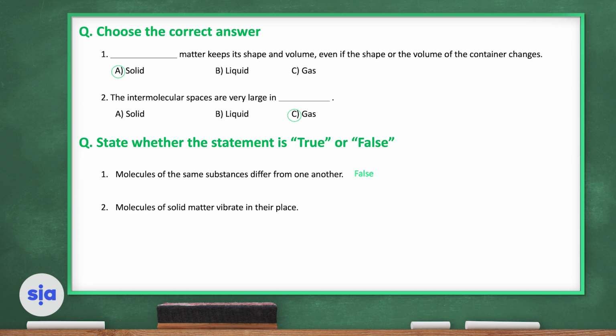Molecules of solid matter vibrate in their place. This is true. The volume of a mixture of water and alcohol is equal to their volume before mixing. No, this is false. The volume after mixing will be less than the sum of their volumes together.